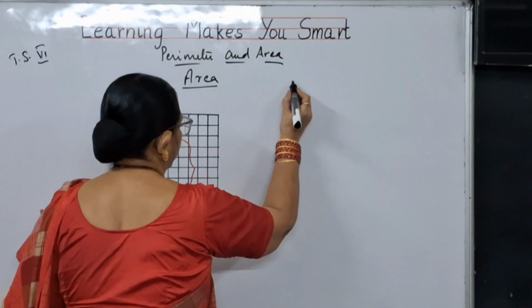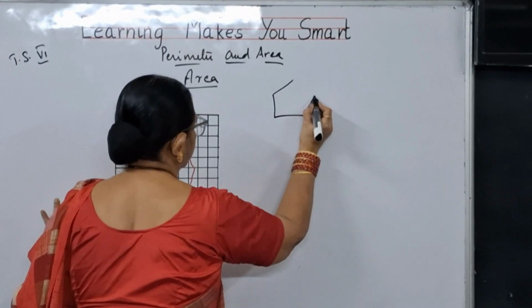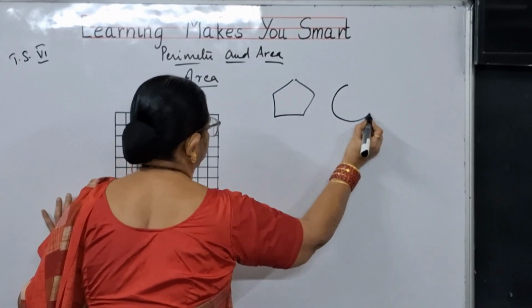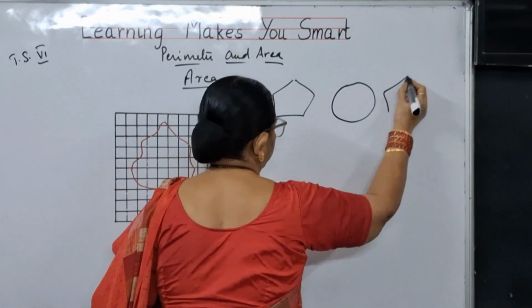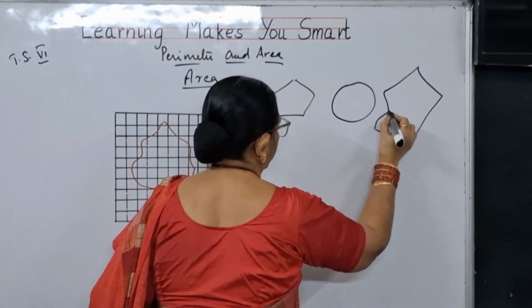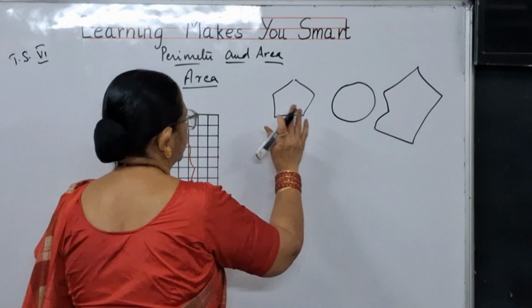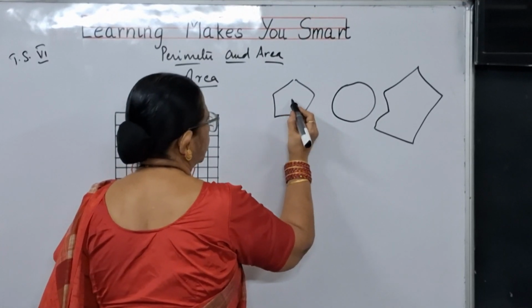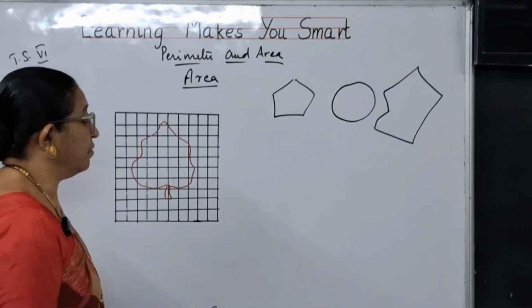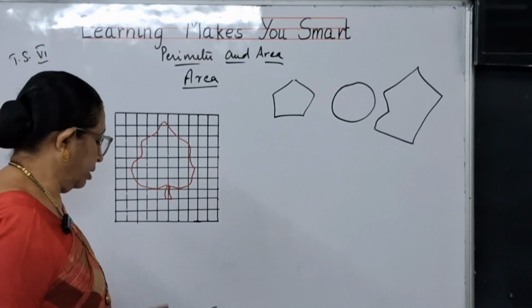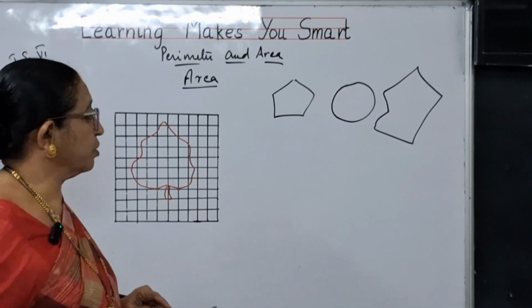All these areas are done with some closed figure, either like this or like this. Any closed figure, whether it has a specific shape or not, the total space or the surface that is occupied by a closed figure is called area.